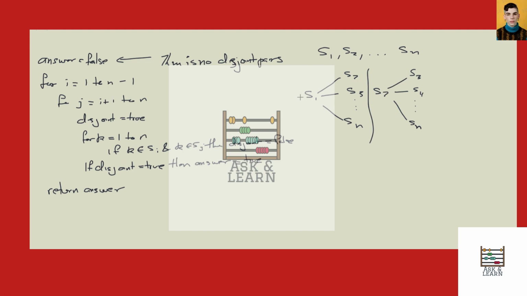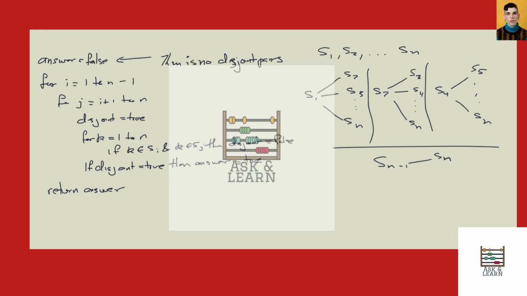It's important that we don't compare to S1 here, because we've already compared S2 to S1. And you have to do the same thing for S3, S4, all the way to Sn. Then we compare Sn minus 1 to Sn. This is our last one.